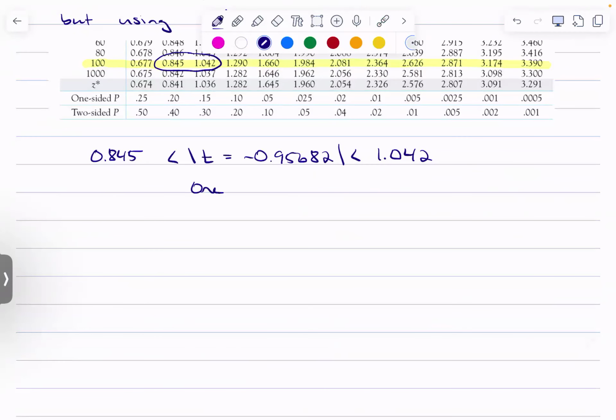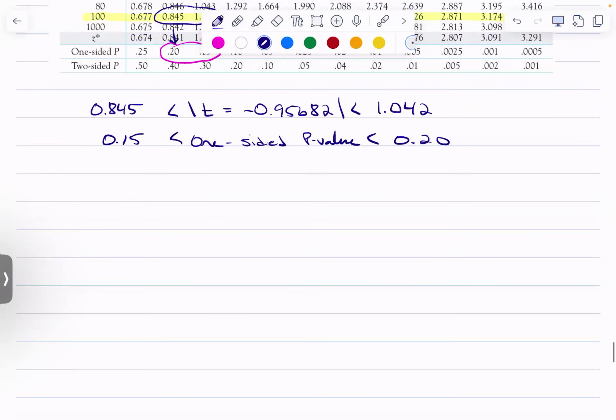So my one-sided p-value is between 0.15 and 0.2. Now I'm ready for my conclusion.